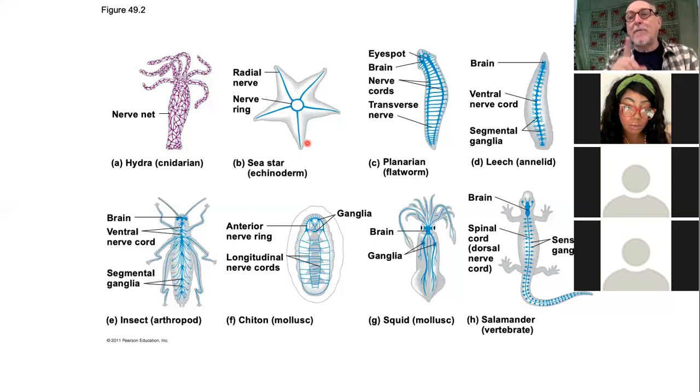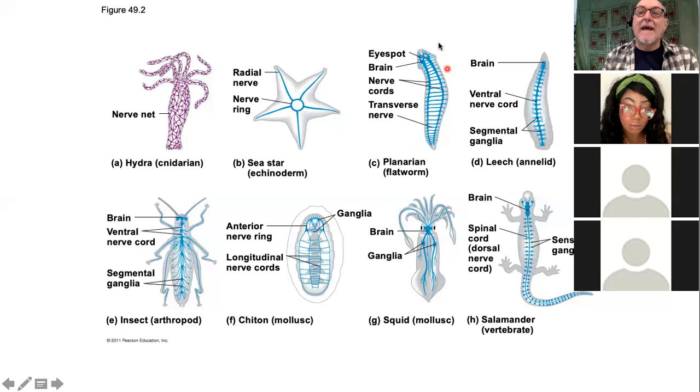As soon as you go to a bilaterally symmetrical organism, we see something happen, which drives the evolution then of nervous systems throughout the animal kingdom. And that is that in the bilaterally symmetrical organisms, even in the primitive ones like the flatworms, the planaria, there is a front and there is a back.